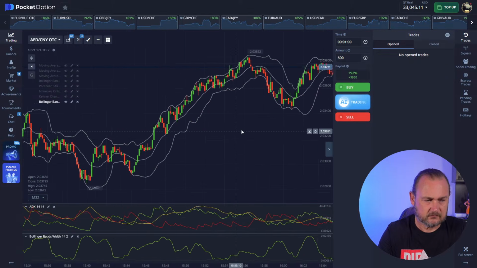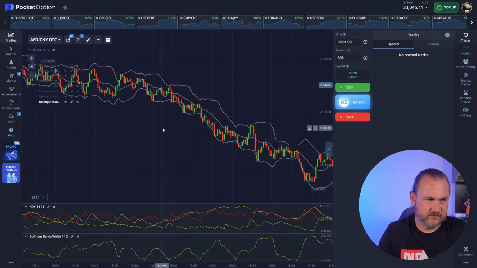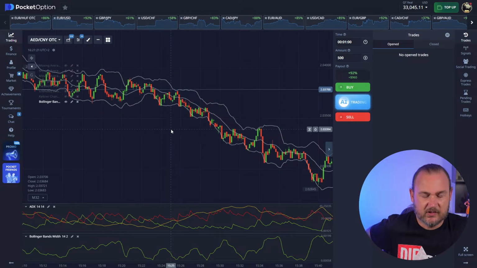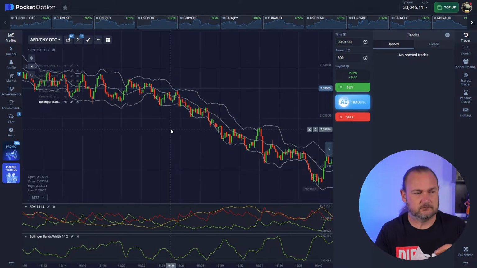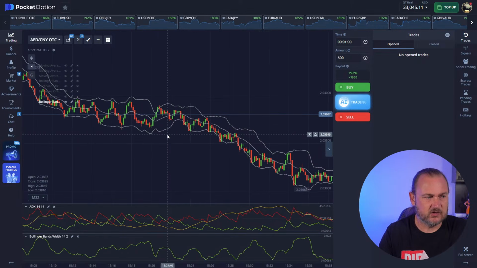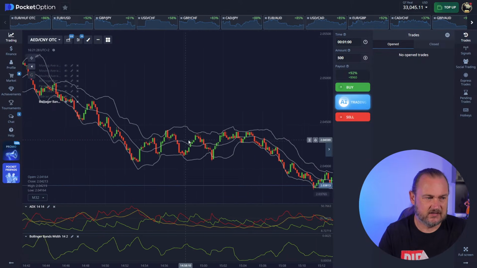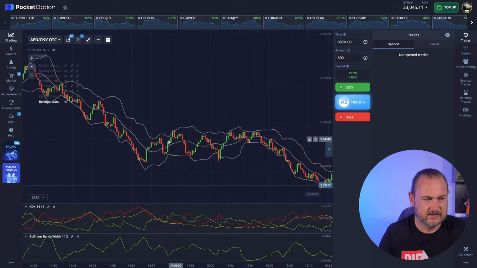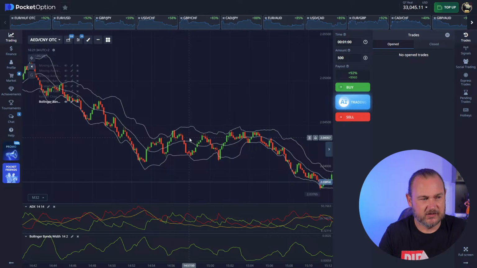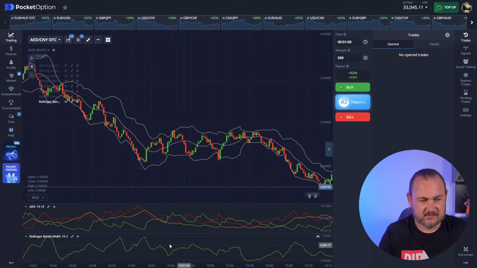So it is useful in the sense that if you are unsure whether or not the bands are opening up, sometimes the bands behave in a way that it's difficult to gauge, like this. It's difficult to gauge if they're really opening up or if they're running parallel to each other. And that's where the width indicator comes in handy.